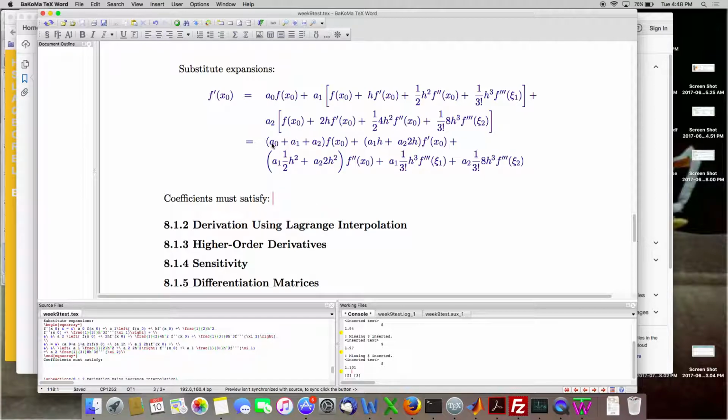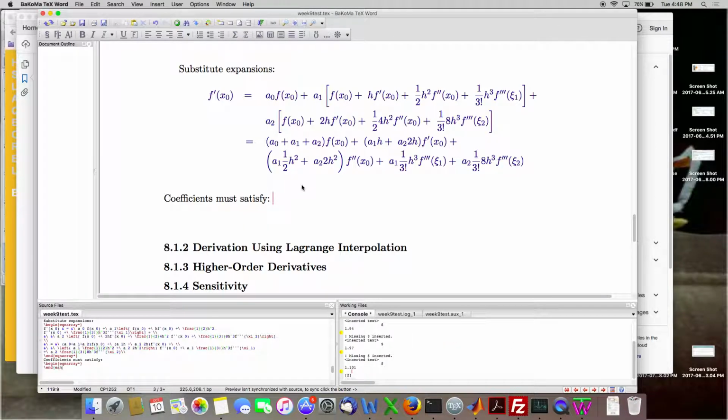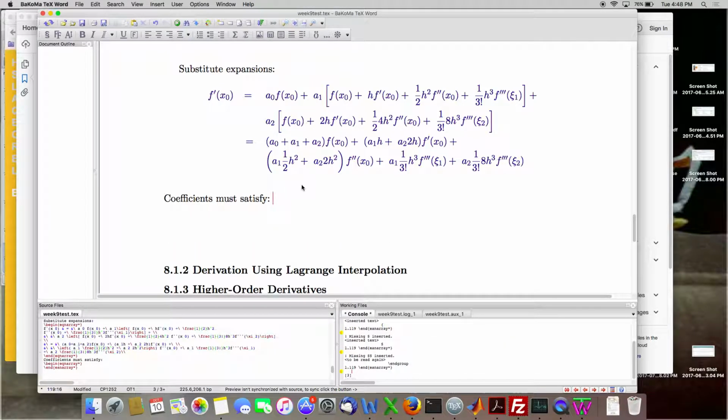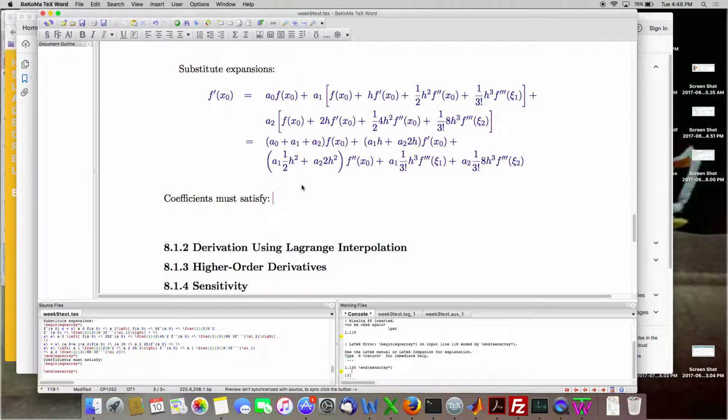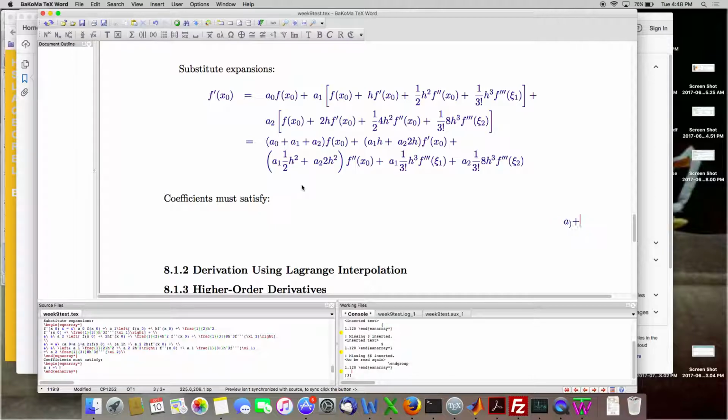So anything multiplying f of x naught must be 0. So I'm going to write out a system of linear equations. So we must have a0 plus a1 plus a2 must be 0 to make this term go away.